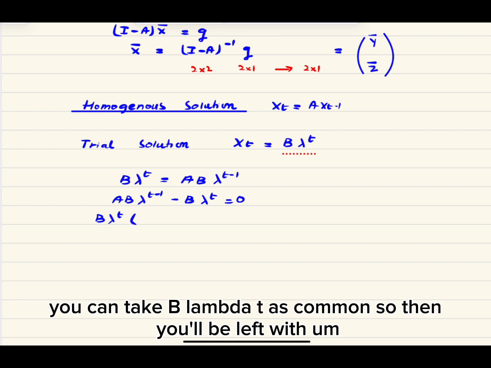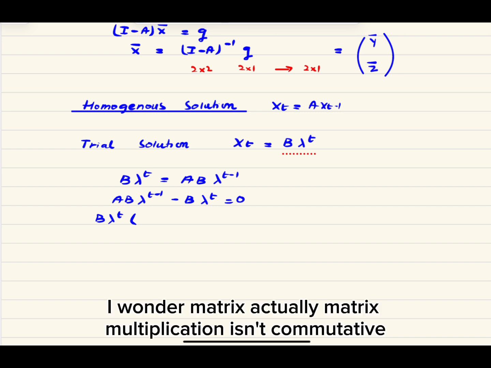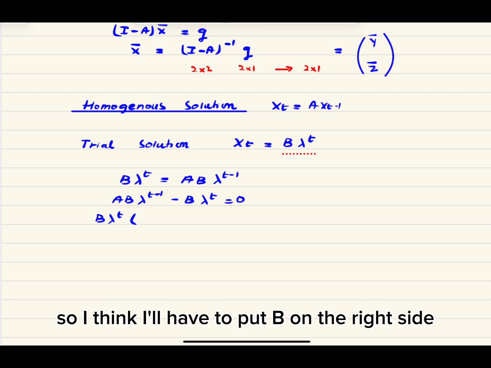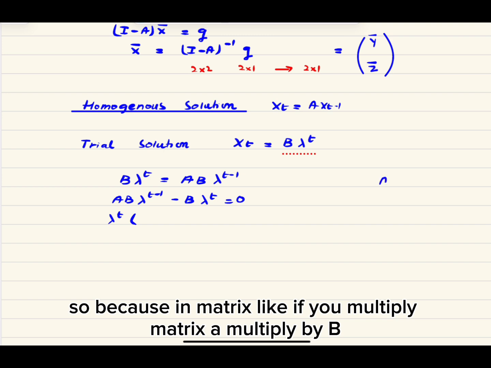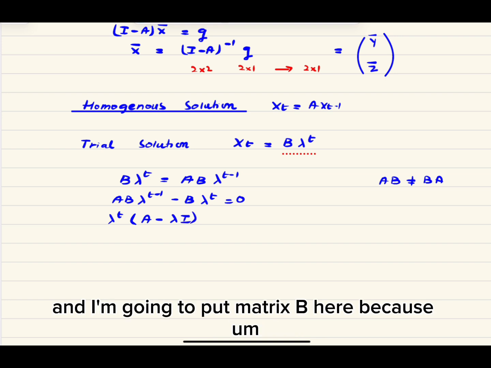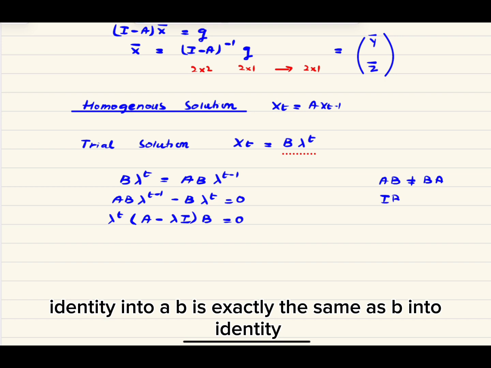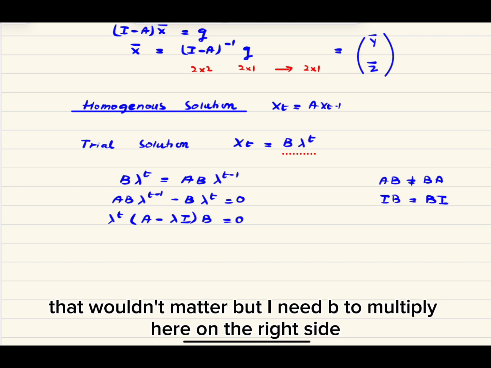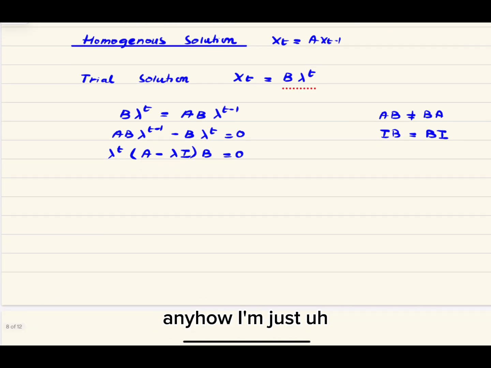Matrix multiplication isn't commutative, so I think I'll have to put b on the right side. If you multiply matrix A by B, it's not equal to B multiplied by A. So I'm going to write it like this and put matrix b here, because identity times b is the same as b times identity. That wouldn't matter, but I need b to multiply here on the right side.